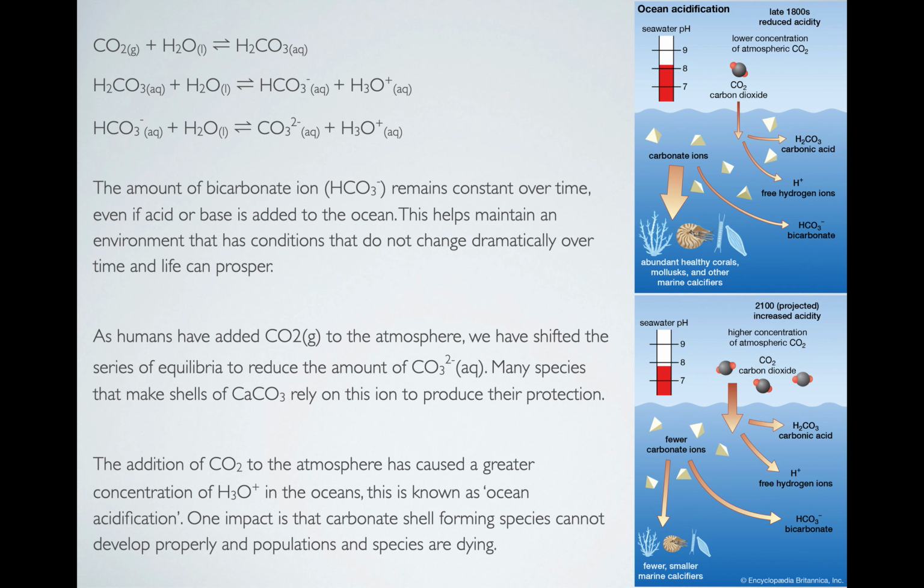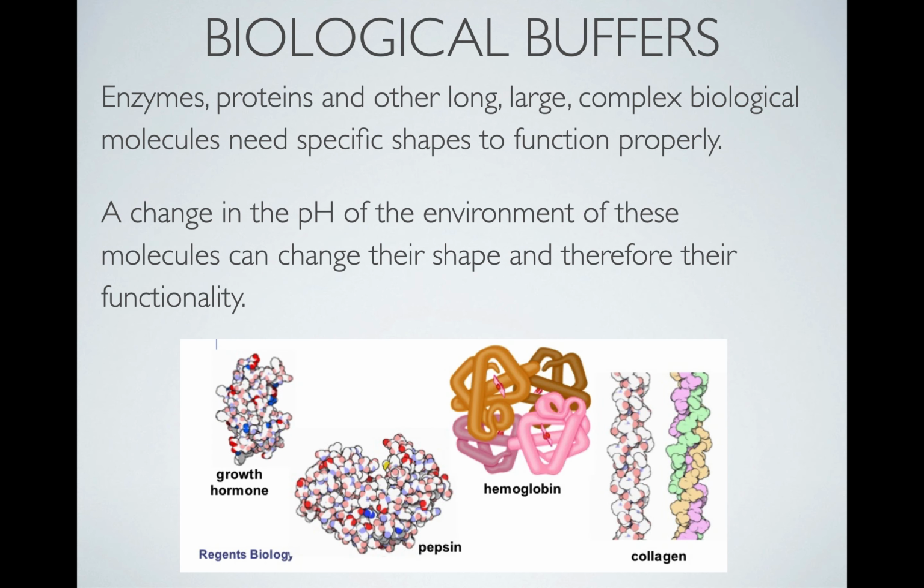So large populations of these animals that produce carbonate shells are dying and not being able to reproduce because they can't form enough protection. There are also buffers used within living things. Enzymes, proteins, and other long and complex biological molecules need specific shapes to function properly.